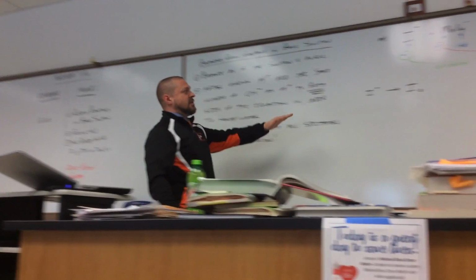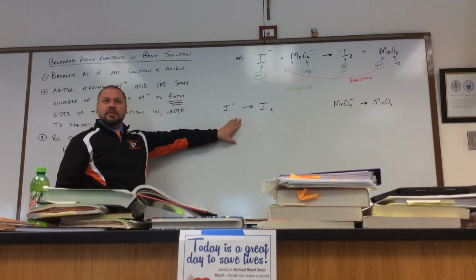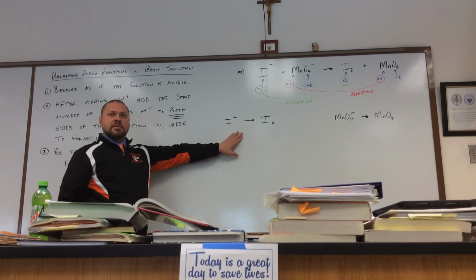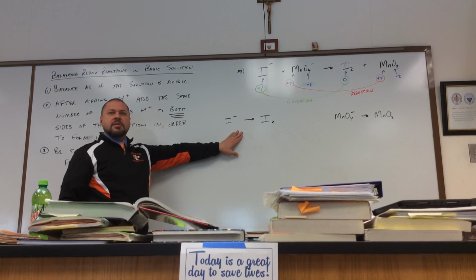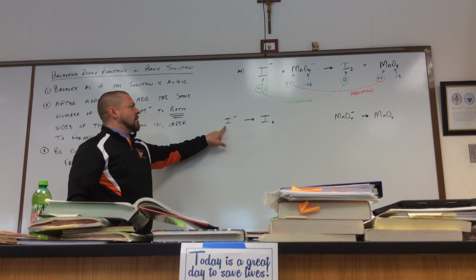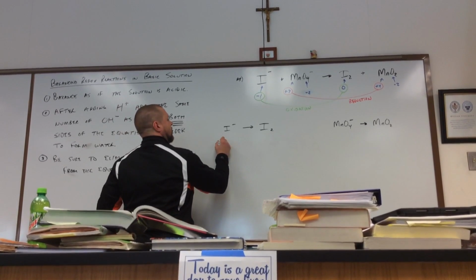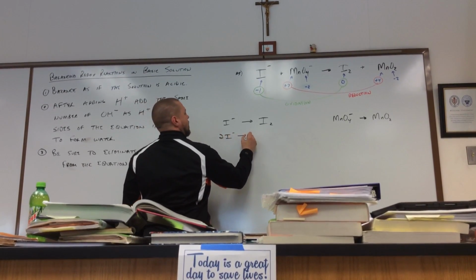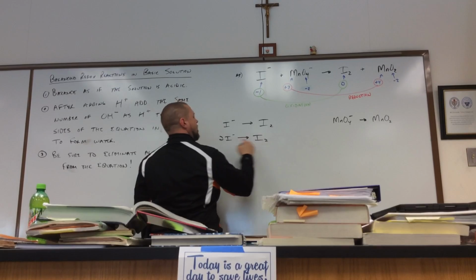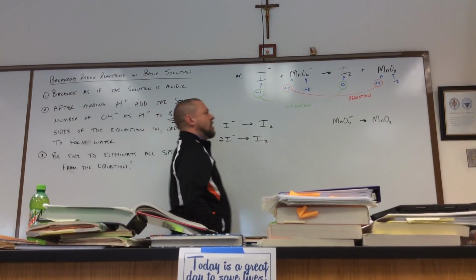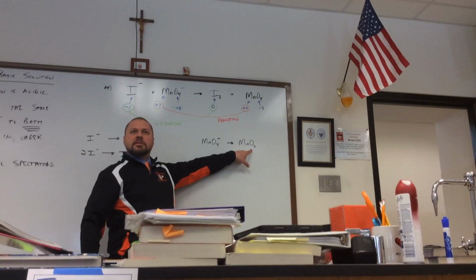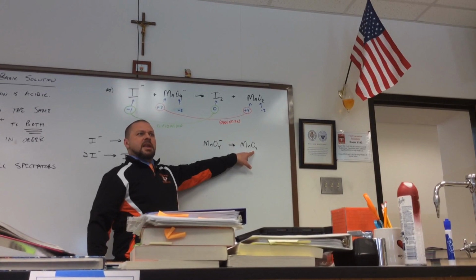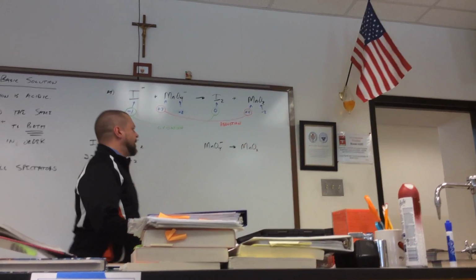And I look at this one, and there's a problem, right? What do I got to do? Go ahead, Jake. Put a 2 in front of I negative. So I'm going to put a 2 here. And now I've got 2 I's and 2 I's. Over here, I'm good to go, aren't I? There's 1 Mn in each case, so they're balanced.